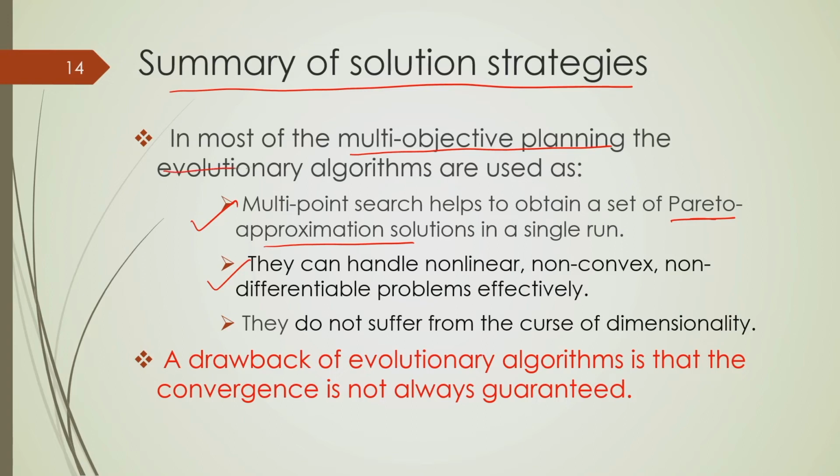Also, this is not only evolutionary algorithm; basically these are population based meta heuristic algorithms. They have features like multi point search technique, and they can handle any type of problem.